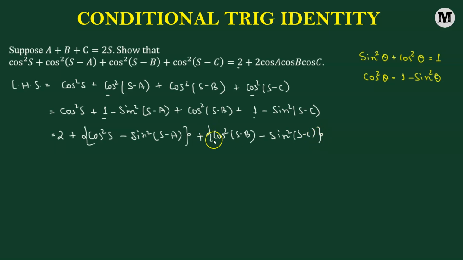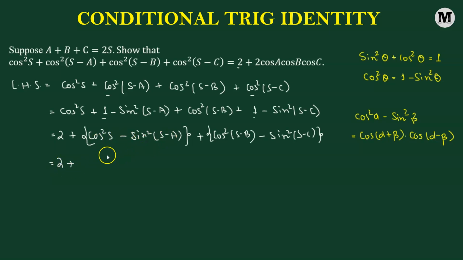Okay, so the formula that we are going to use here is, if we have cosine squared alpha minus sine squared beta, this is given by cosine of (alpha plus beta) multiplied by cosine of (alpha minus beta).